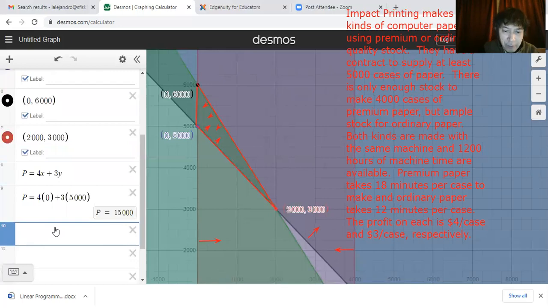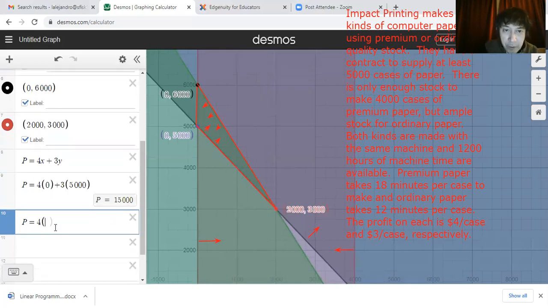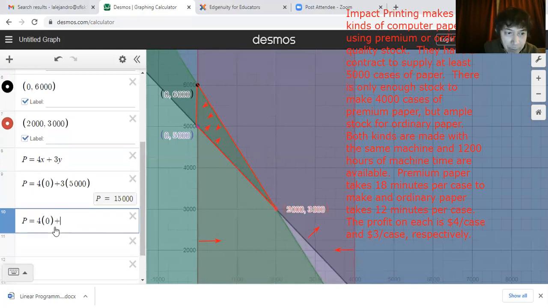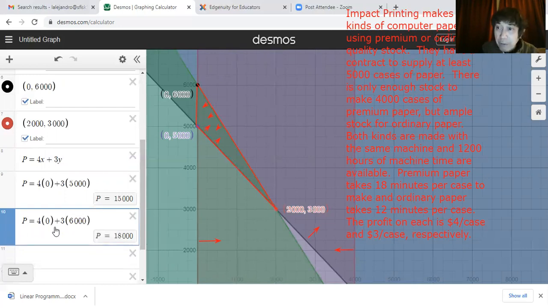Let's have another. P is equal to 4 times 0 again for premium plus 3 times, this time, 6,000. We have 18,000 for this point.